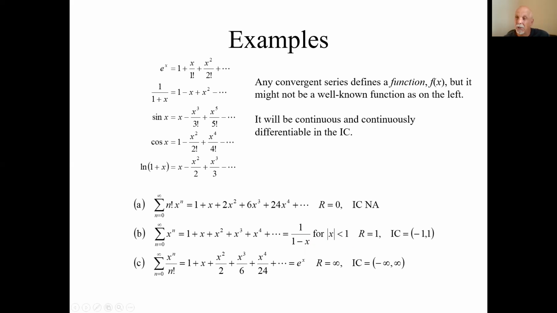So it has a radius of convergence of 1. The interval of convergence is minus 1 to 1. Here's another example. Now we're dividing by n factorial. Wrote it out, it would look like this, and actually that converges to e to the x. Its radius of convergence is infinity, so its interval of convergence is the entire real line.